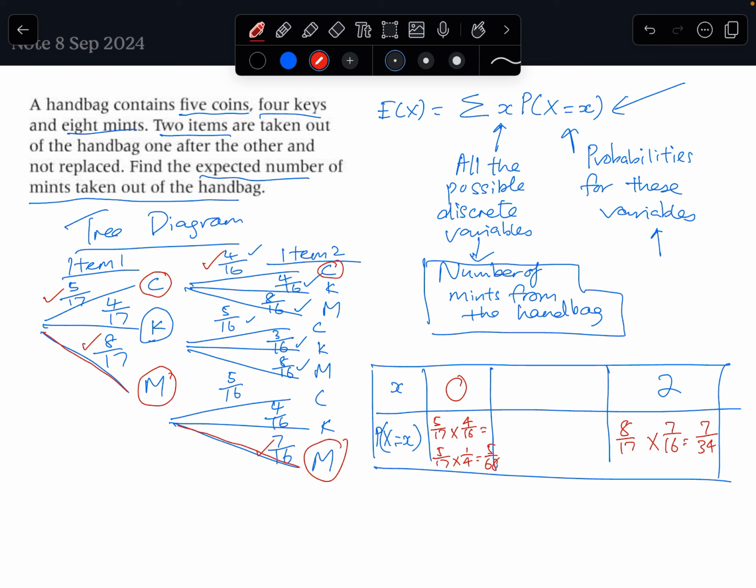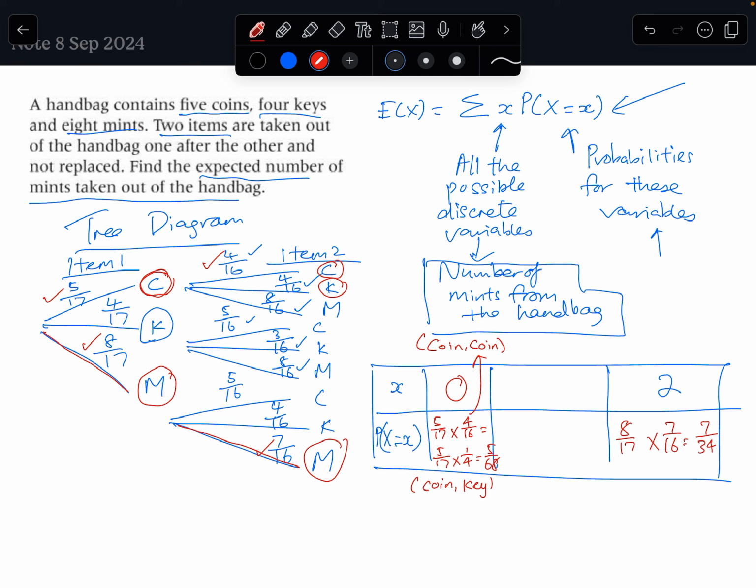Now remember, this outcome is basically coin, coin. But that's not the only outcome. We could also possibly have a coin and a key. I could possibly have this outcome, which is a coin, and I could also have a key.